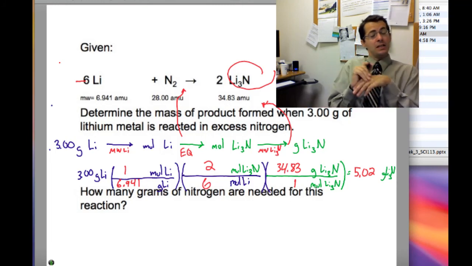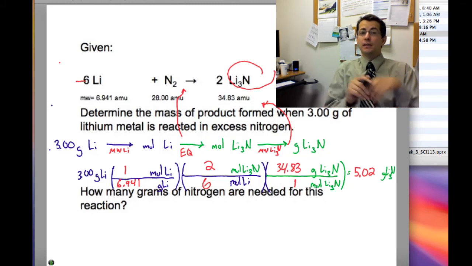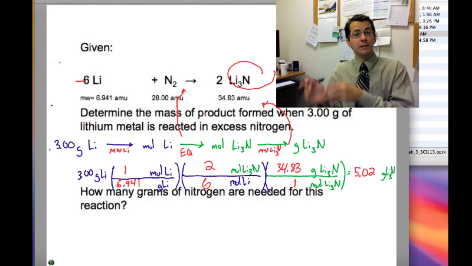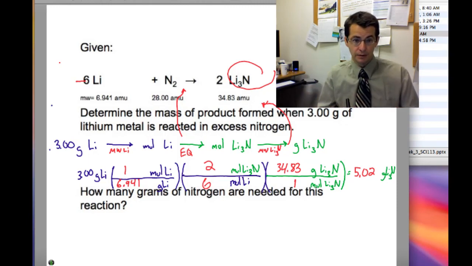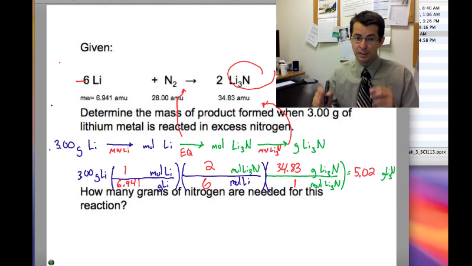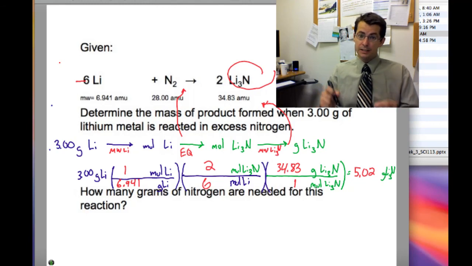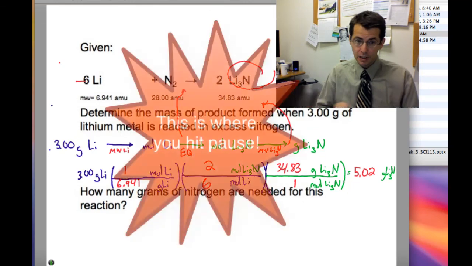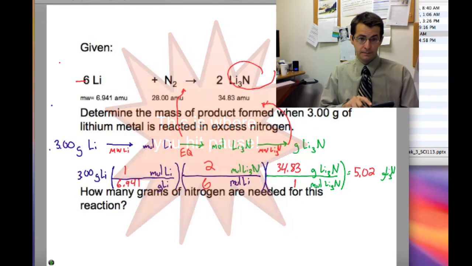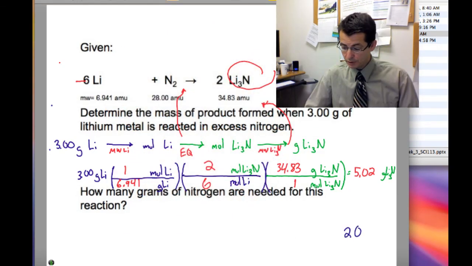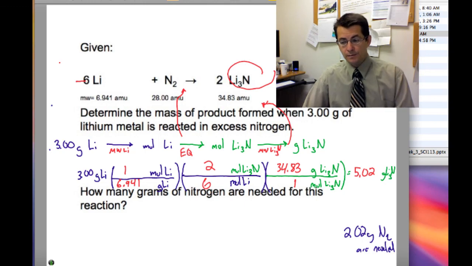It turns out that it's the same basic series of steps: grams of lithium to moles of lithium to moles of nitrogen to grams of nitrogen. This would allow us to predict how much nitrogen is needed for the reaction. So set that up and you should get the following answer: 2.02 grams of N2 are needed. So that's just a quick review of last week's topics.